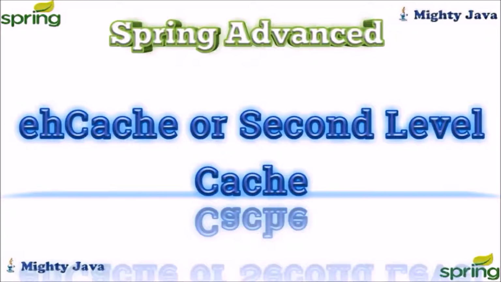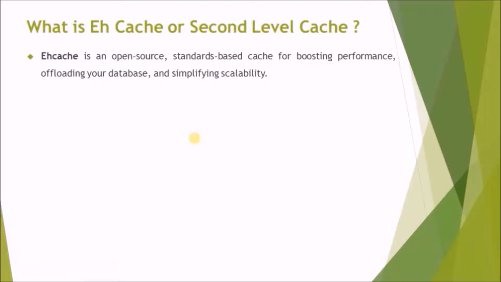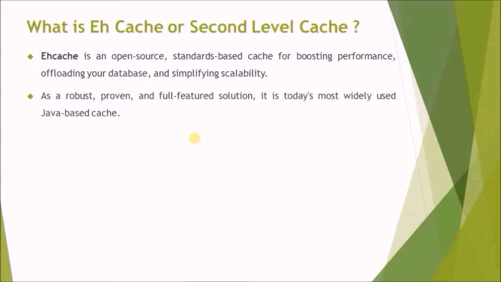We will learn about Ehcache. What is Ehcache or second-level cache? Ehcache is an open standards-based cache for boosting performance, offloading your database, and simplifying scalability. As a robust, proven, and full-featured solution, it is today's most widely used Java-based cache.